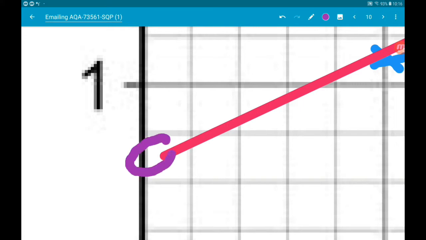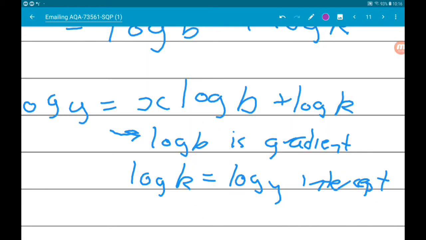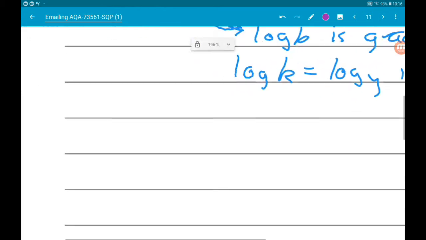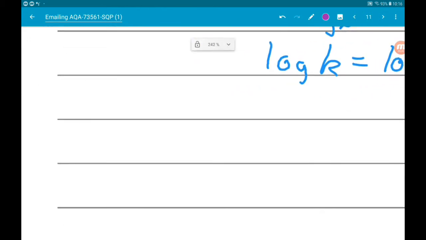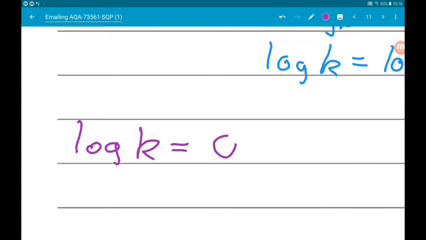So I'm going to say that's about 0.7. So we know then log k is roughly 0.7.